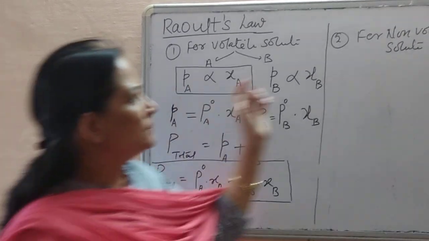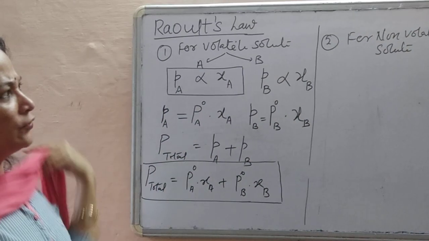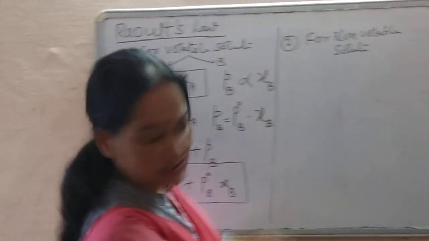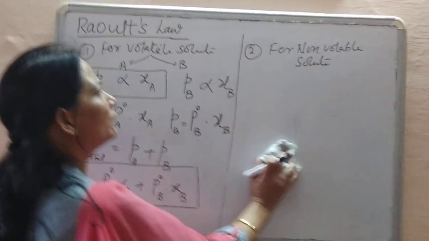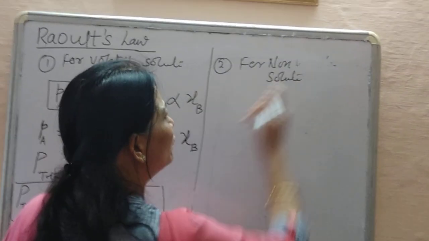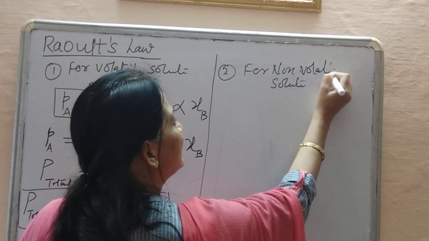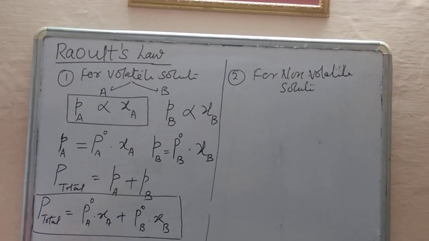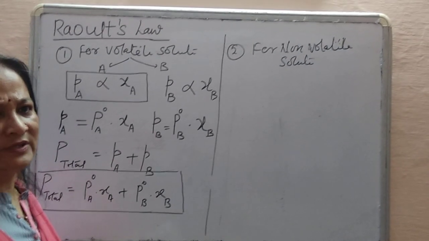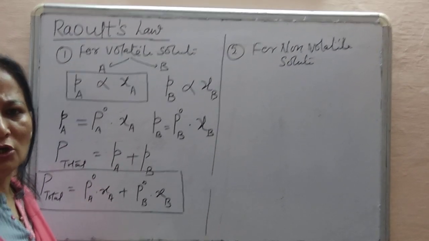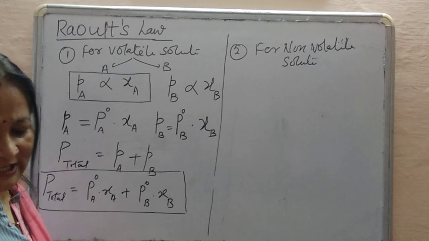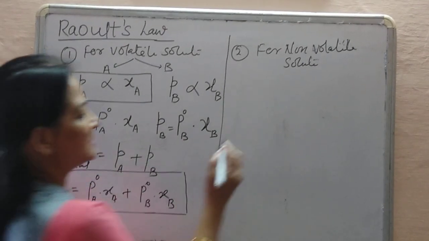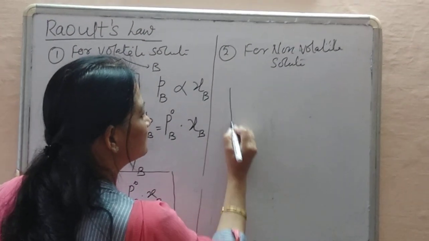Now we will move to Raoult's law for non-volatile solute. Now, if I ask you what a non-volatile solute is, just imagine in your mind any one example. You will definitely think of common salt or glucose, which does not vaporize. So now see what happens when we dissolve it.